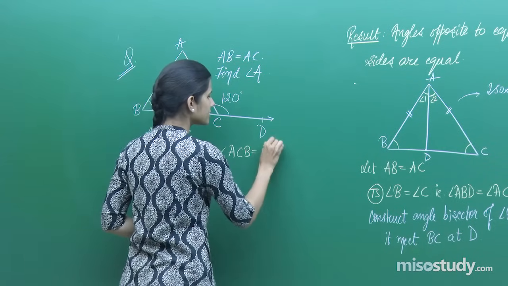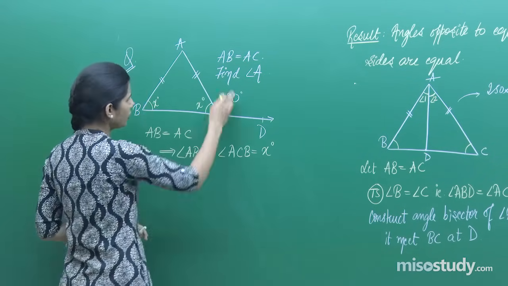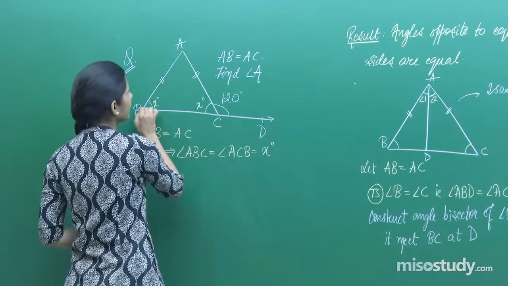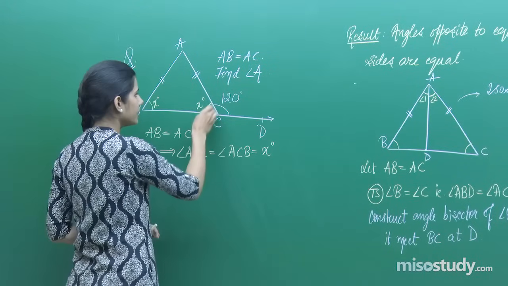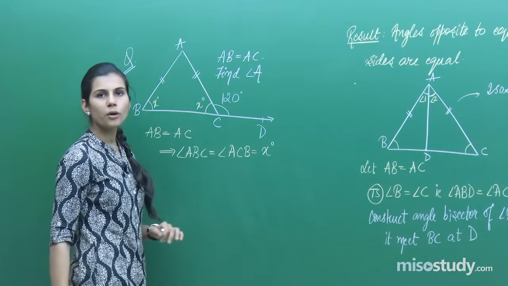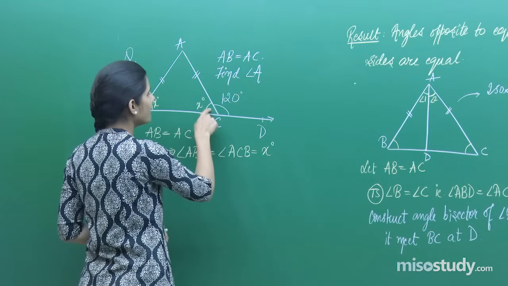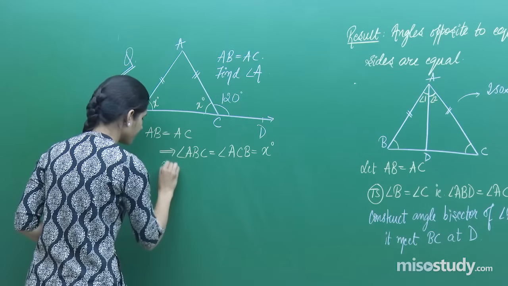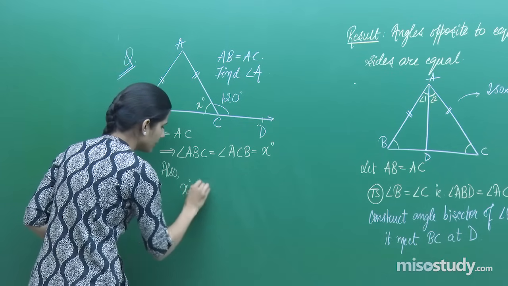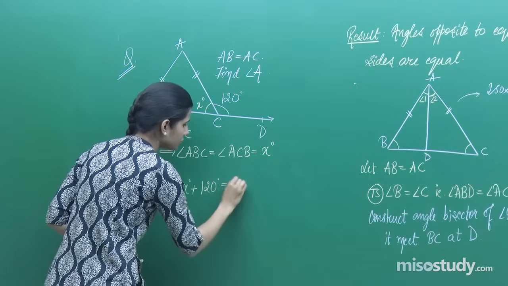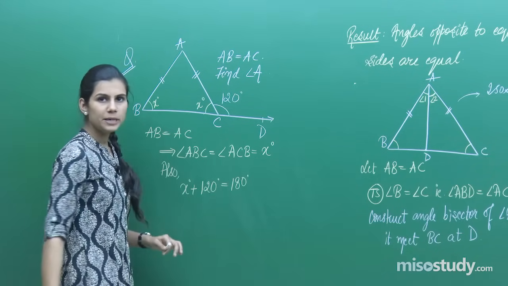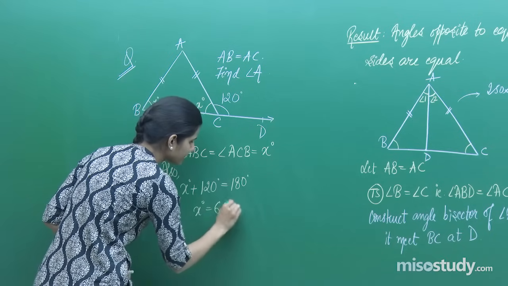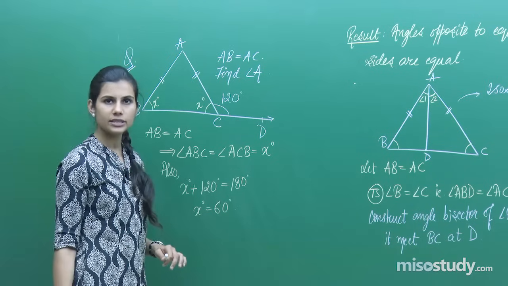Now if I talk about this segment, if you can clearly identify, this is like a ray standing on a straight line, thereby the two adjacent angles formed will form a linear pair of angles. So I will have x plus 120 equal to 180. They are forming a linear pair of angles. So x will be equal to 180 minus 120, which is 60 degrees.